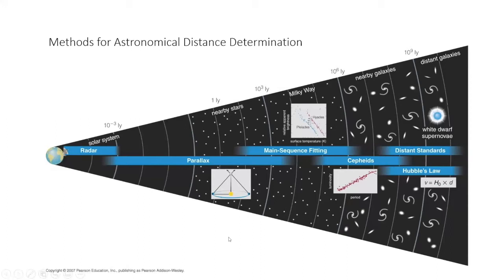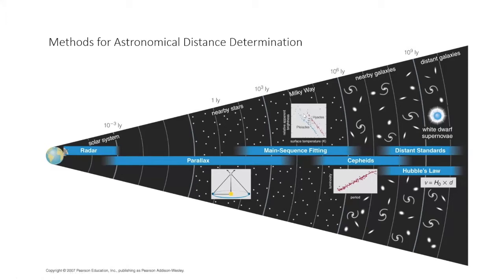So this is us here on Earth, and this is going out to the deeper universe. For a very small distance, an object very nearby, you could use radar, and you could use trigonometric parallax, so using our annual motion around the sun.